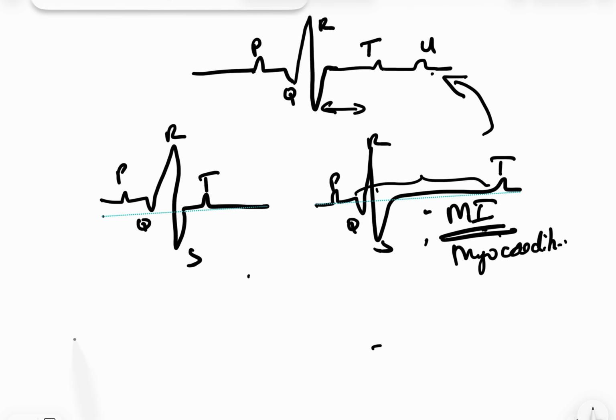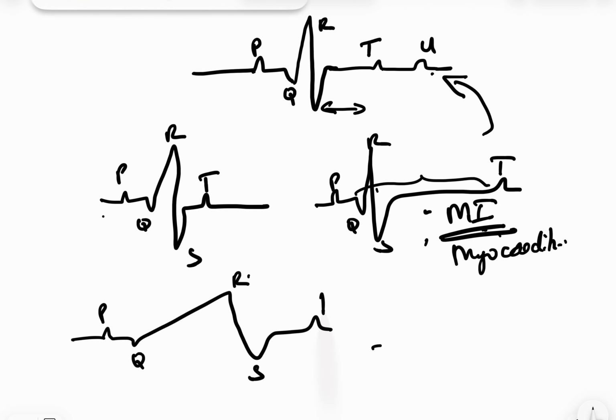Then we studied about the widened QRS complex. Widened QRS complex, most of the time, is because of ventricular dysfunction, maybe like left ventricular hypertrophy or ventricular tachycardia or hyperkalemia.